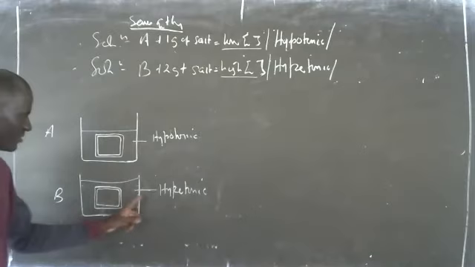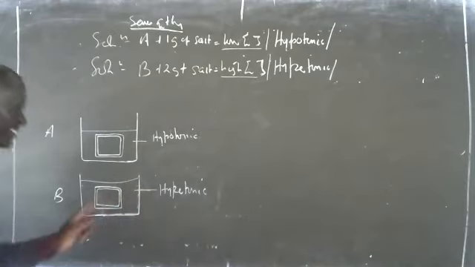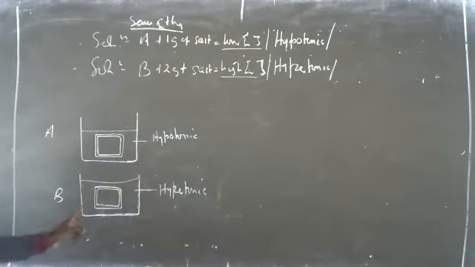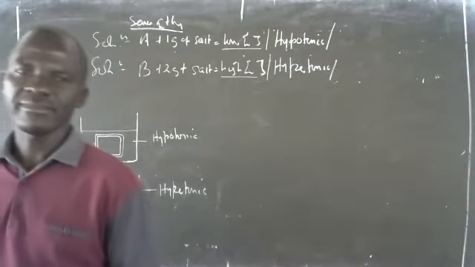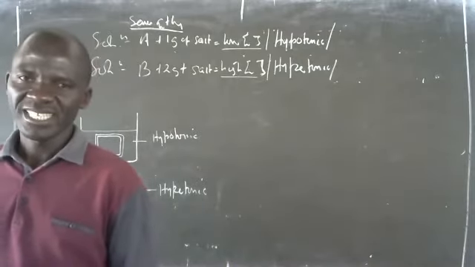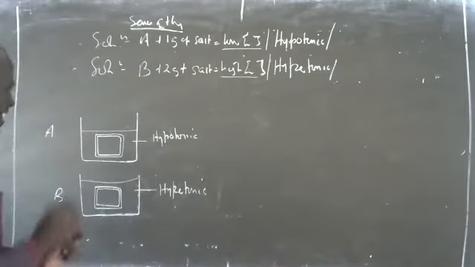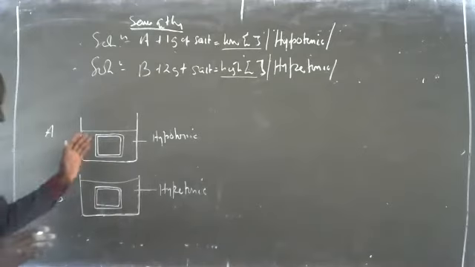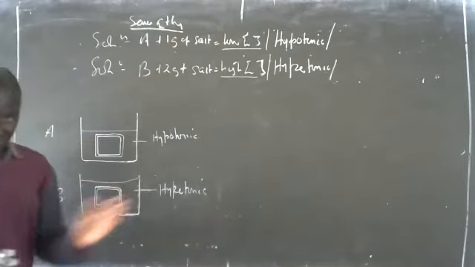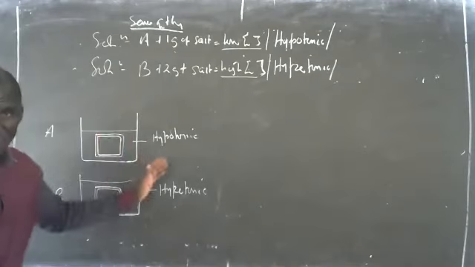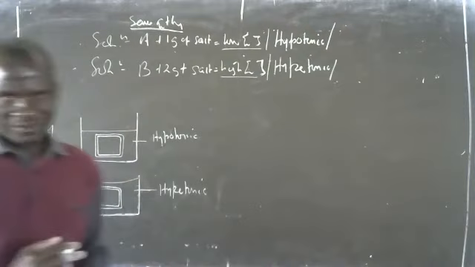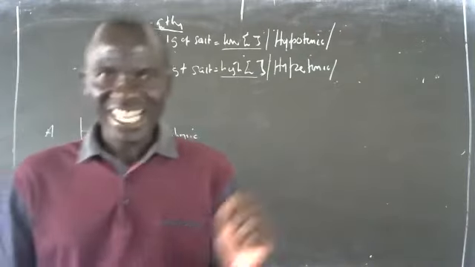Likewise, when I say the solution is hypertonic to the cell, the cell is hypotonic to the solution. So in A, the surrounding solution is hypotonic to the cell. That means the cell is hypertonic.